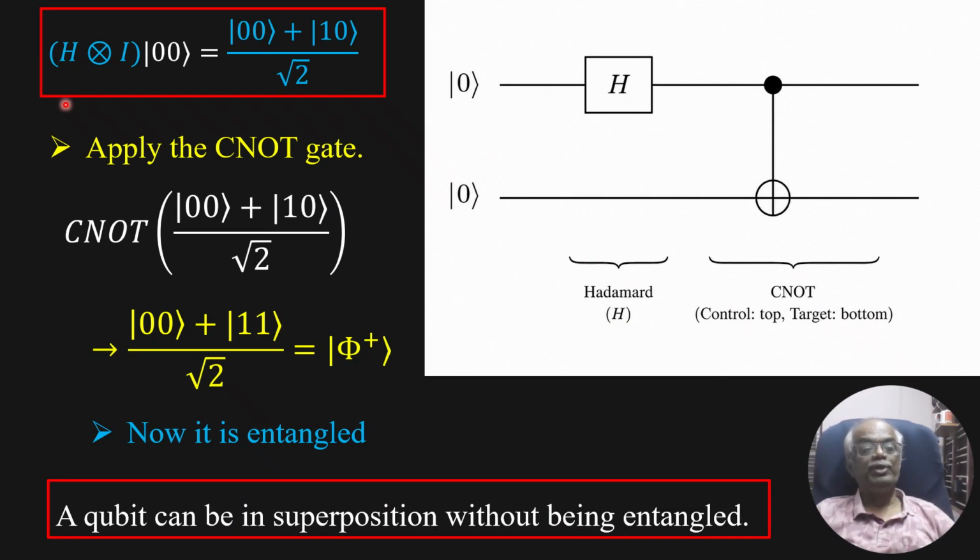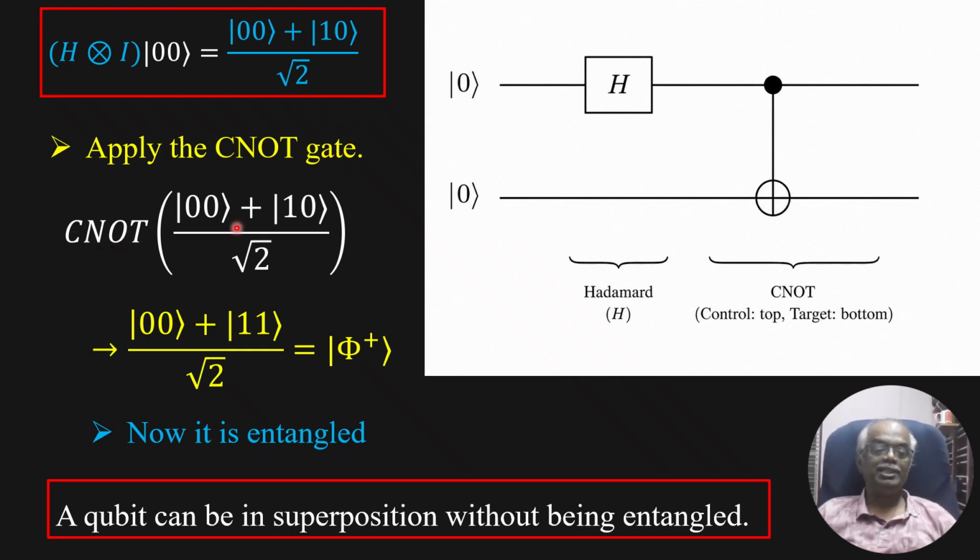Just now we got, when the tensor product of the Hadamard matrix with the identity matrix acts on |00⟩, this linear combination (|00⟩ + |10⟩)/√2. Now apply the CNOT gate over this.